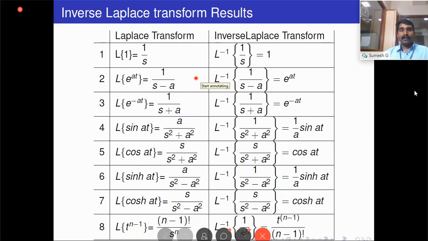So to find the inverse Laplace transform of any question, first we have to look into the denominator. Denominator is the deciding factor to which result we have to use. And it is categorized as follows.